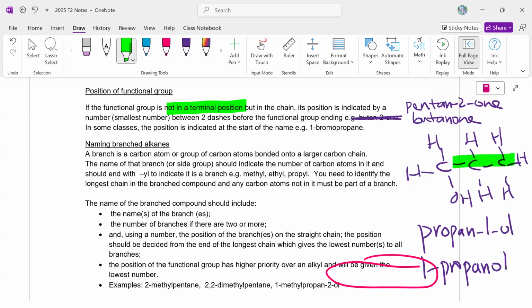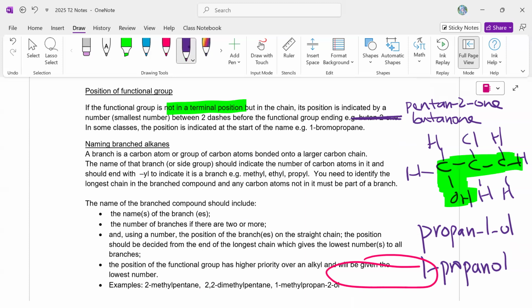So in this case, the longest carbon chain has just the alcohol as the functional group, and the rest are just hydrogen. There's no other substituent, so yes, 1-propanol. But if there is a substituent, just change the 1 to a chlorine. Then you can't write 1-propanol, because that position in front is now for the chlorine.